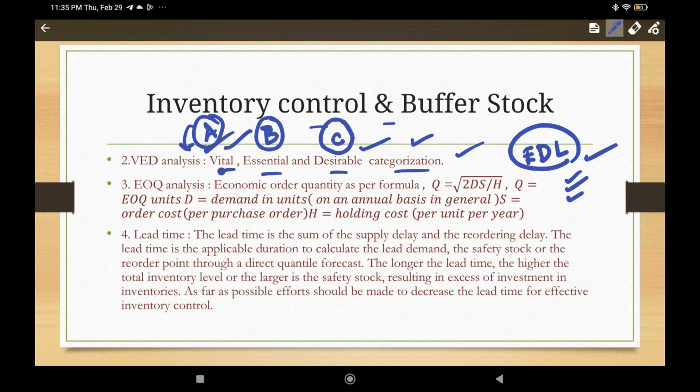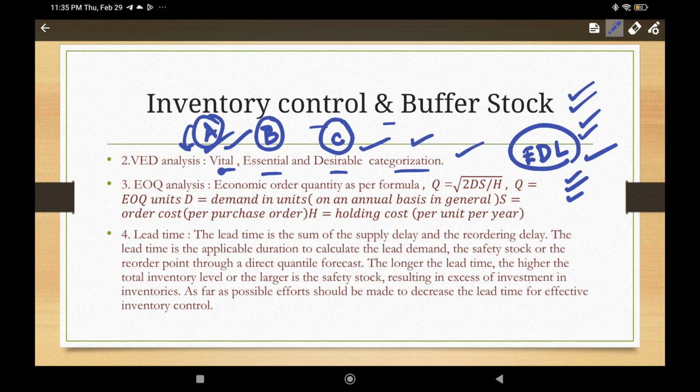Now essential drugs, suppose they have much more therapeutic use, and they are essential too for most of the diseases. And desirable means it is okay to keep in account, or if it is not kept in account also, then it can be managed. So like this, in three categories we can divide the drugs and equipments.